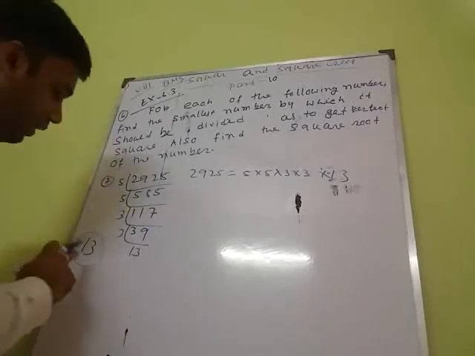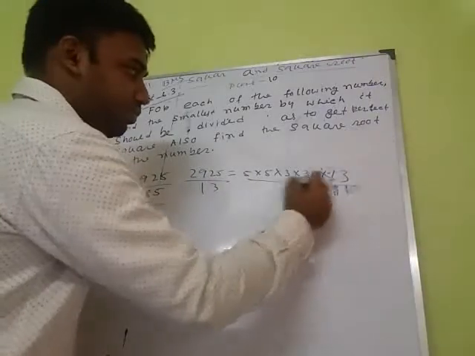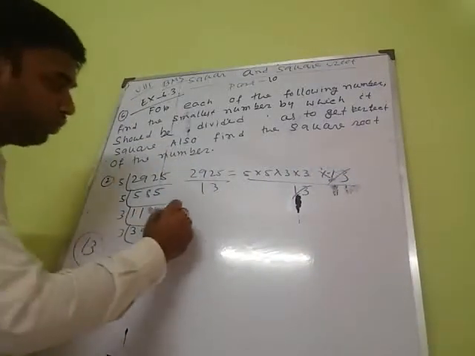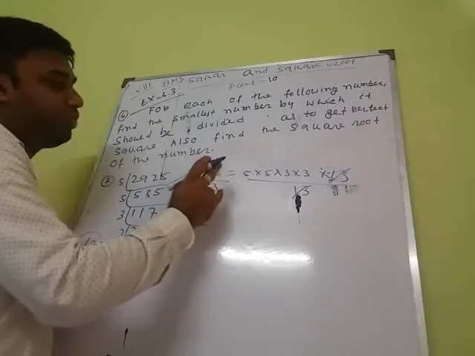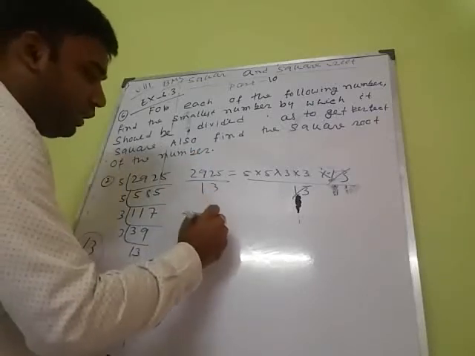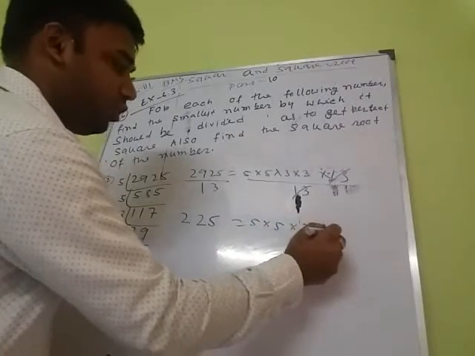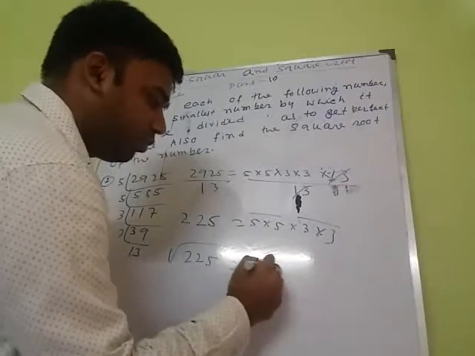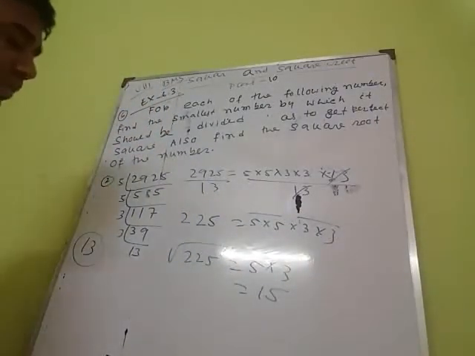Divide it by 13, the 13 is removed, and after dividing we get 225, which is 5 into 5 into 3 into 3. The square root is 5 into 3, that is 15.